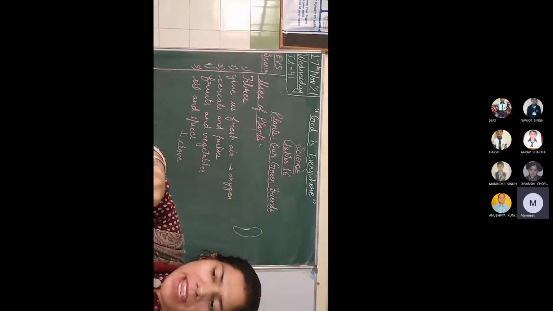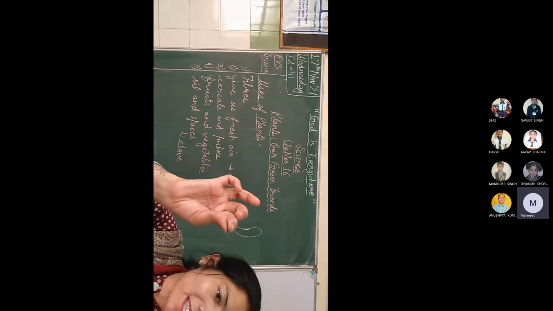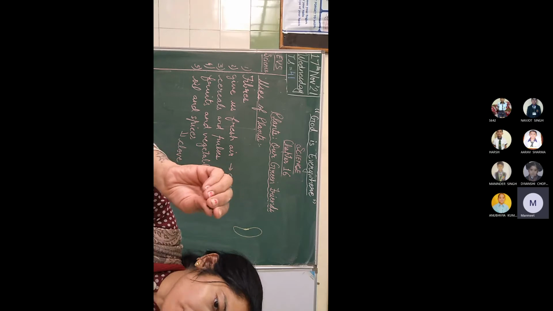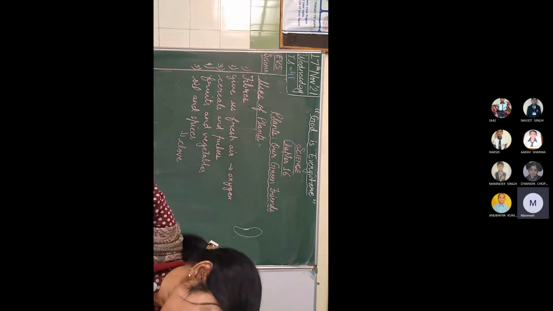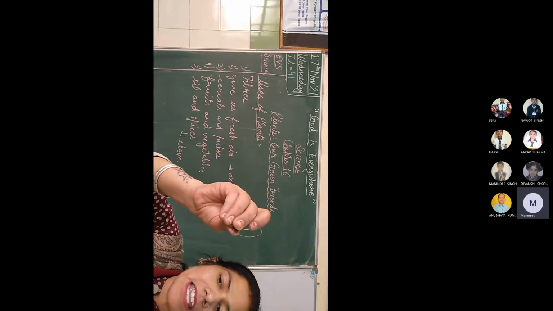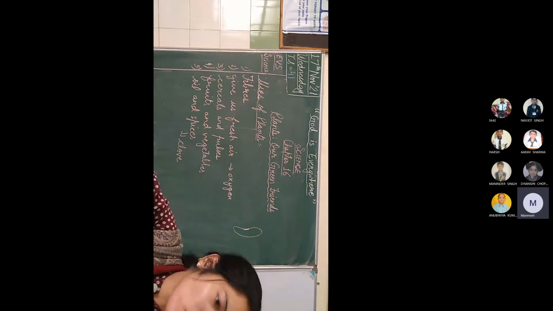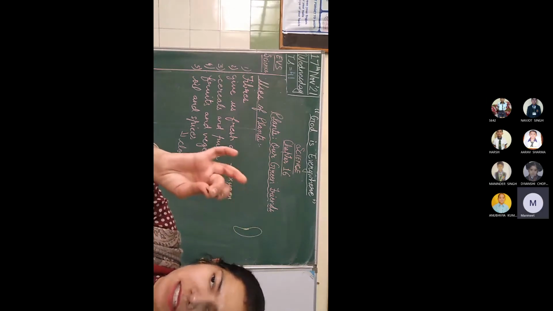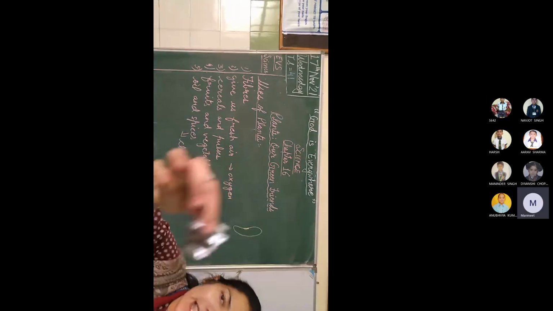So this is the main part which we call tea. The patti, which you call it in Hindi, chai patti. These are your tea leaves. Okay, and your tea leaves, you get it like this. So these are your tea leaves.